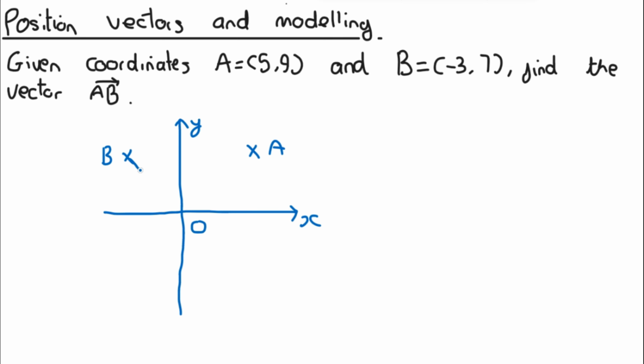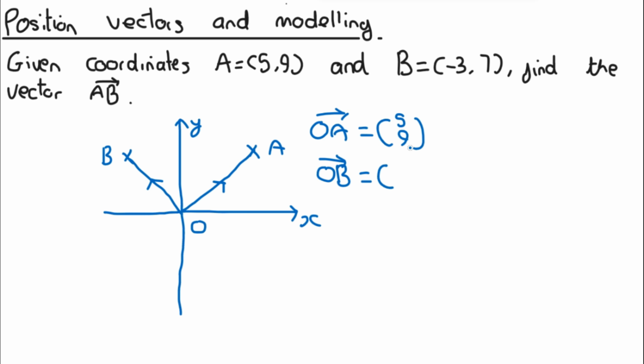I'm going to draw in the position vectors like this. Remember, it goes in this direction, this goes in this direction, and we know that the OA position vector is going to be equal to (5, 9), and OB is going to be equal to (-3, 7).